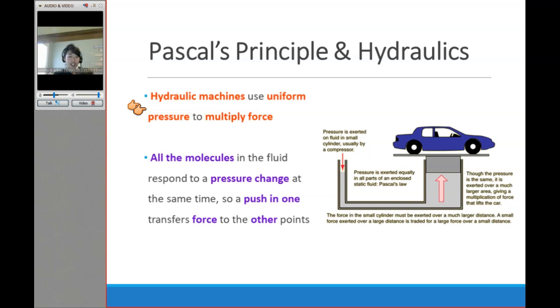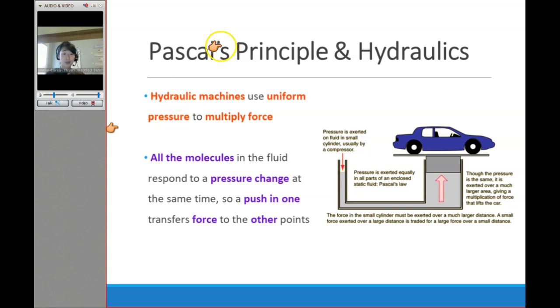So, but in real life, that's not possible. So we use a hydraulic jack, and a hydraulic jack allows us to use very little effort several times in order to lift a car, okay? So hydraulic machines use this idea of uniform pressure in order to multiply force, so that we can lift really, really heavy things, okay?